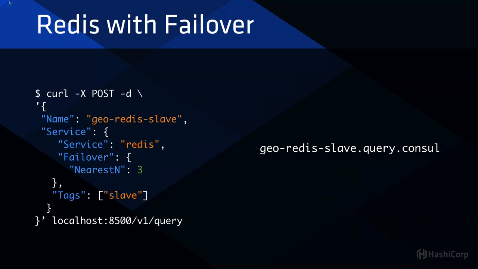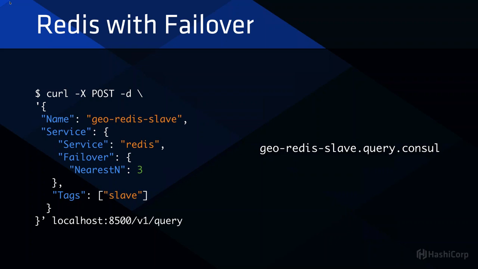And then we said choose a service with the tag slave. You can see this is a curl example. This is a query definition that's created by posting against this query endpoint. And what you get is that a client can look up something like georedisslave.query.consul, and it'll just work.